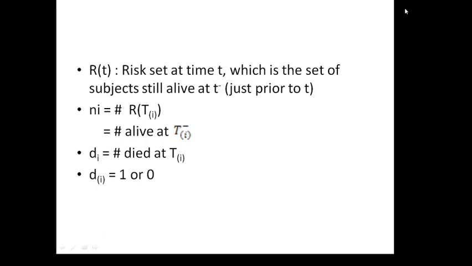So R(t) is the risk set at time t, which is the set of subjects still alive at t minus. You are exposed to death only when you are alive. Therefore, alternatively, this is the set of all those individuals which are alive just prior to time t. So just before time t, the individuals that are alive in the system are at risk of dying. And therefore R(t) will be the set of subjects which are still alive at time t minus.